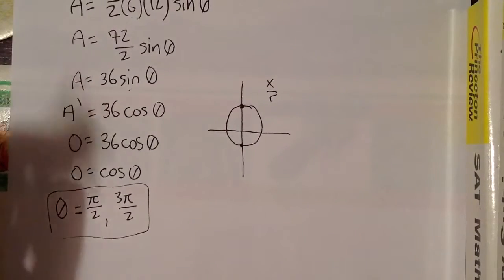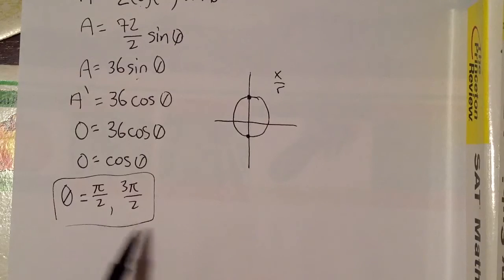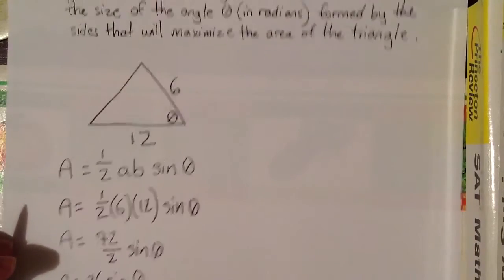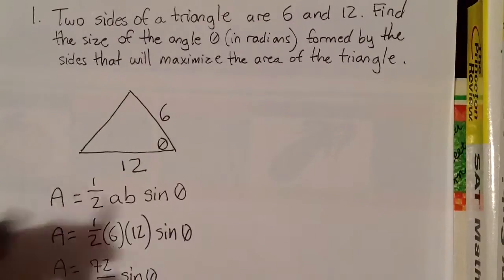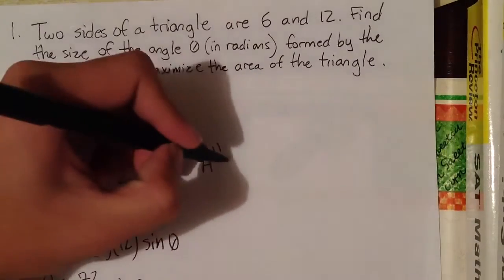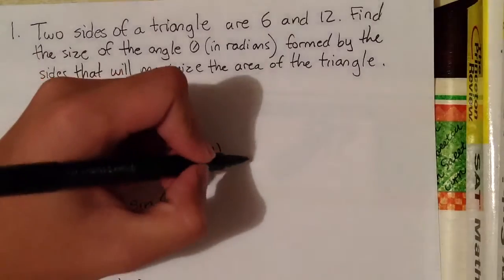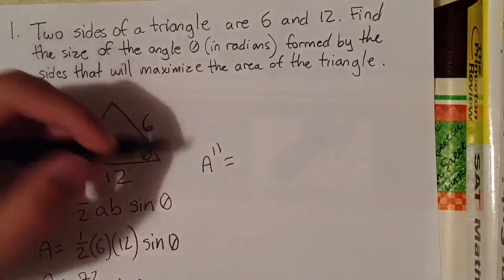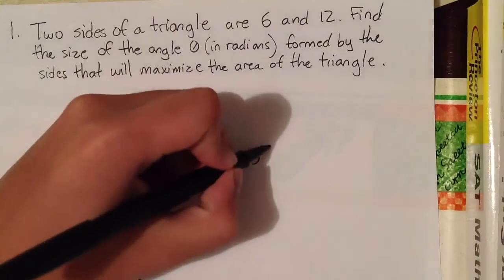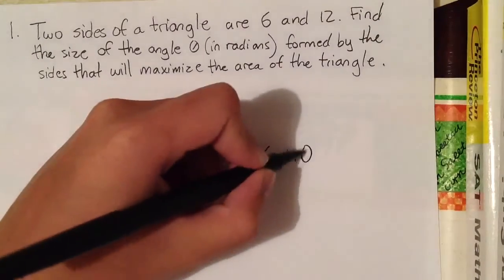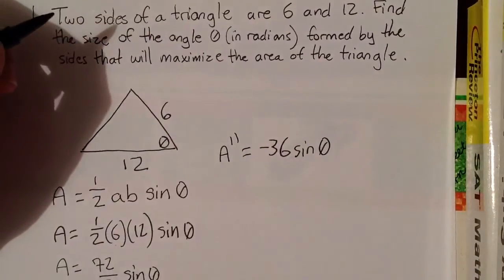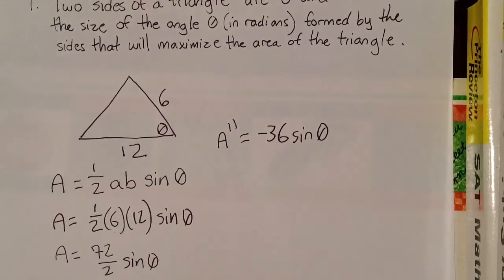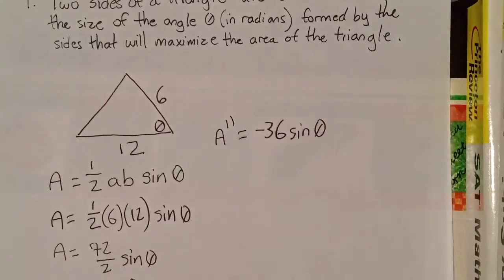Now we want to find which one of these two will maximize. So we take the second derivative of A, which is the derivative of cos, which is negative sine, so it will just be negative 36 sine theta. And then we plug in one of these two values for theta.